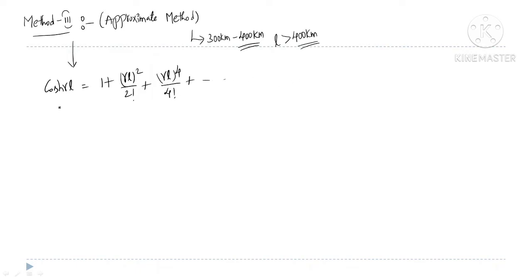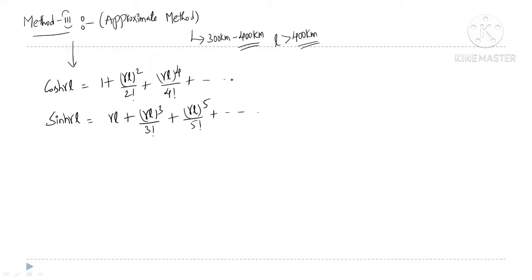This is the expansion of cosh gamma L, and the sinh gamma L value is gamma L plus (gamma L) whole cube by 3 factorial plus (gamma L) whole power 5 by 5 factorial plus and so on. This is the expansion of sinh gamma L, and this is the expansion of cosh gamma L.